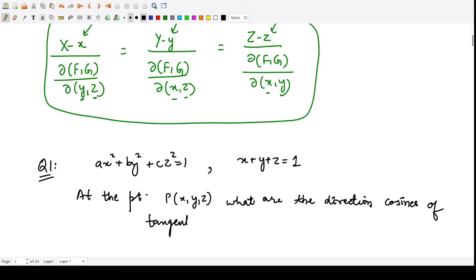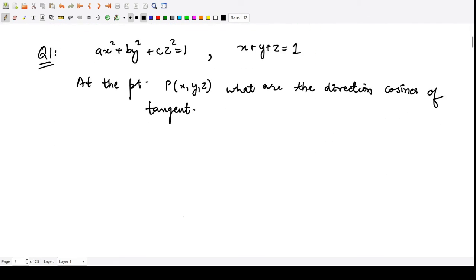In order to calculate the direction cosines, you should first calculate the equation for this tangent line. And you know how you calculate the equation of tangent? If the given point is (x, y, z), suppose this is our surface f and this is our surface g. So let me write it here.